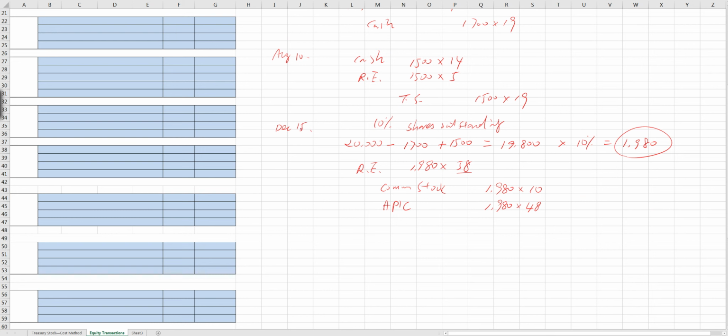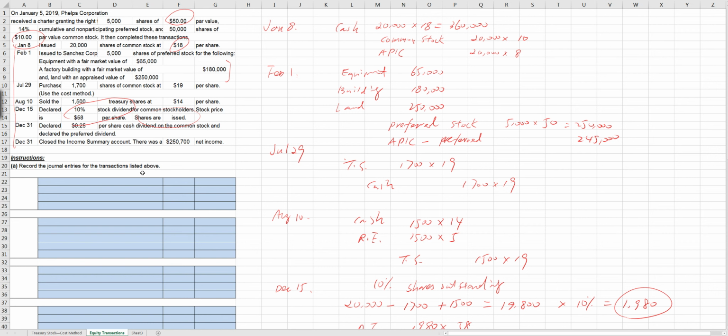Then what else? December 31st, declared a quarter per share cash dividend on the common stock, and also declared preferred dividend.